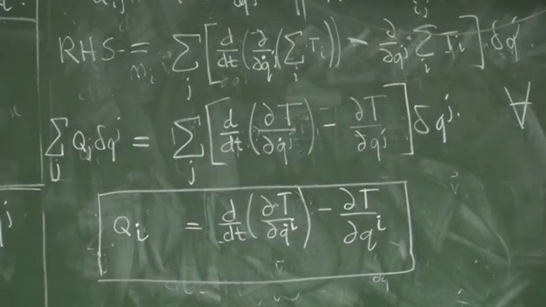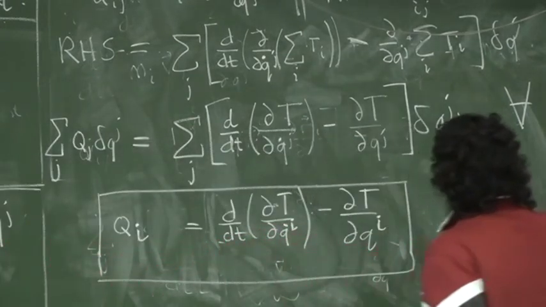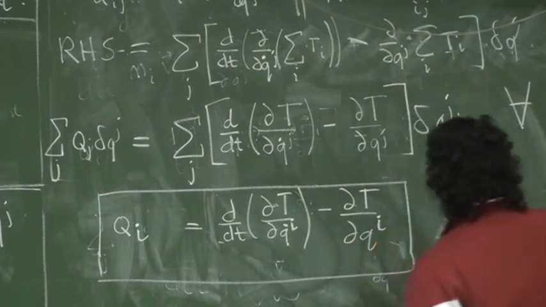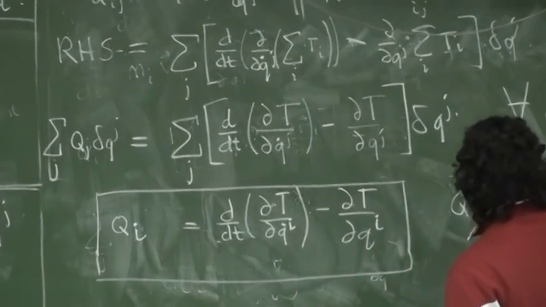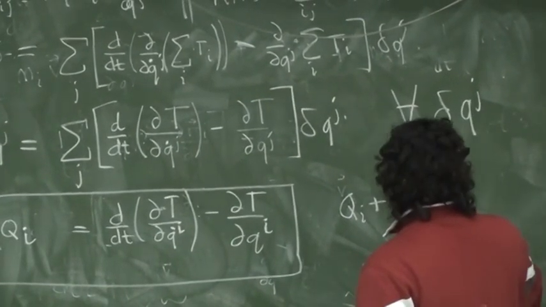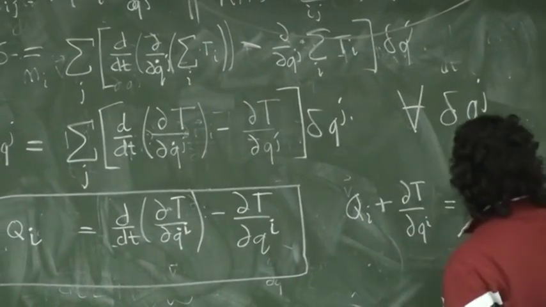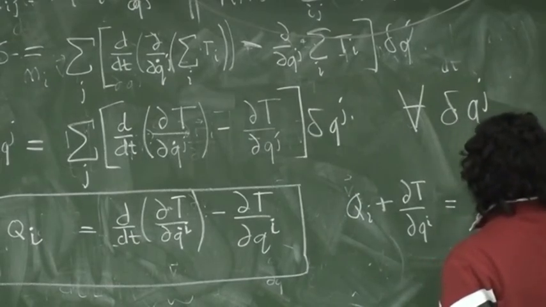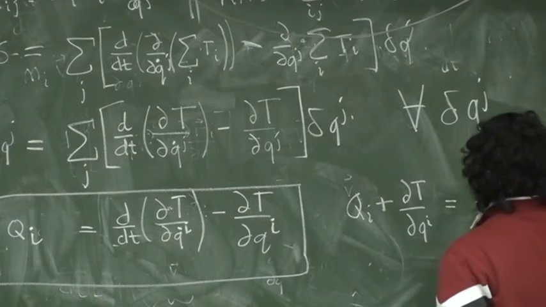We can rearrange this equation, and normally we write it in a certain way that I'll write out now. Normally we write Lagrange's equation like this. I just take this to the other side: Qi plus del T by del Qi is equal to d by dt del T by del Q dot i.